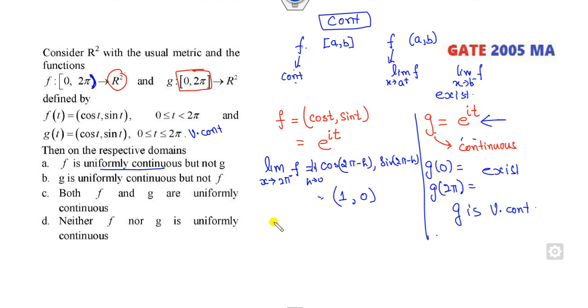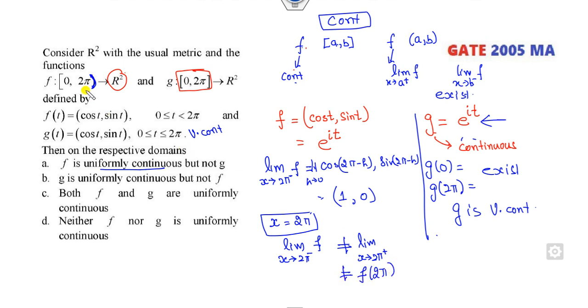But what is the value at x equal to 2 pi? Because 2 pi is not given in this interval. So clearly, the limit as x approaches 2 pi negative of f is not equal to the limit as x approaches 2 pi positive, or to f of 2 pi, because 2 pi is not in the domain.